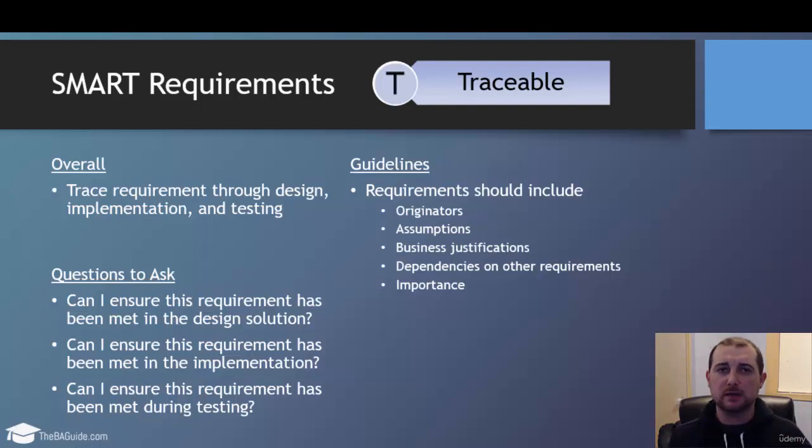Is there an assumption being made on this requirement, maybe on how it's going to be designed or how it'll work in the end, or other assumptions about it? Is there business justification for this particular requirement? Is there a dependency on another requirement? Maybe this is a requirement for a report and it's dependent on this actually being built inside of the system. And then importance, just the priority and having an understanding of that.